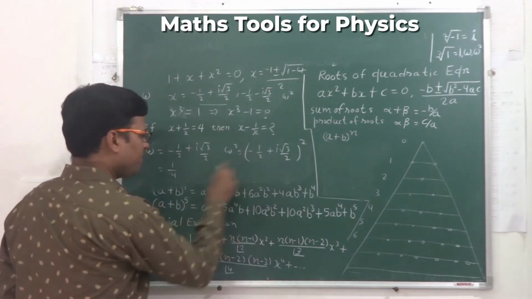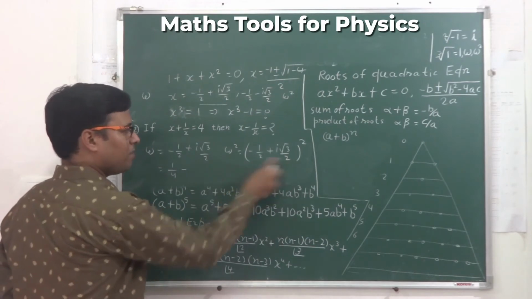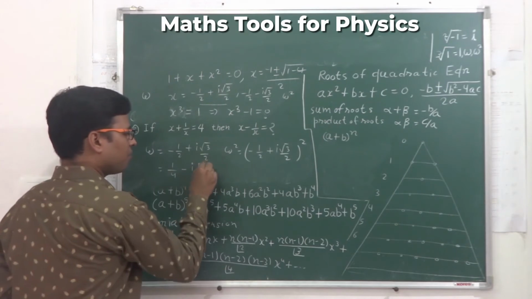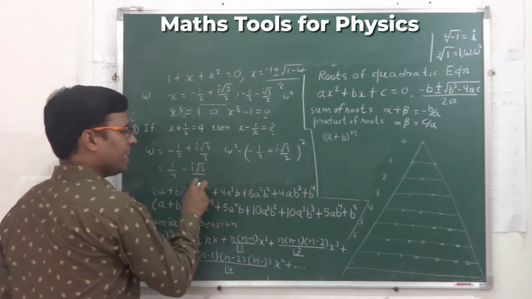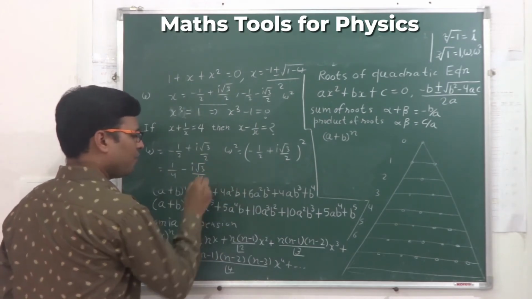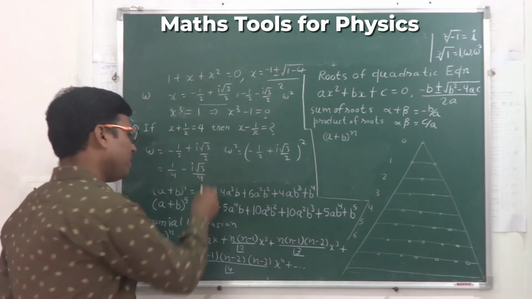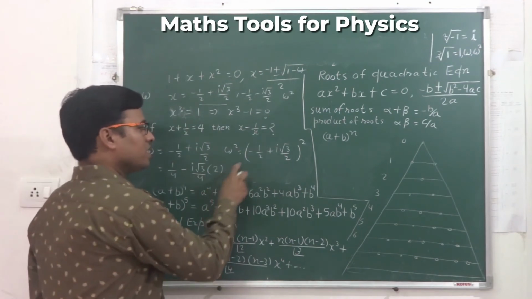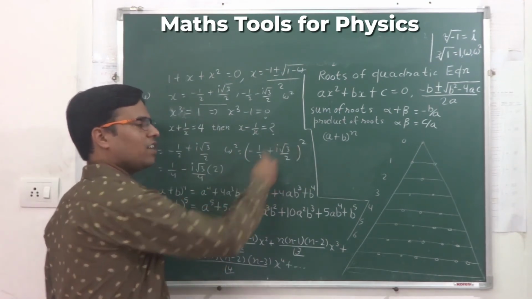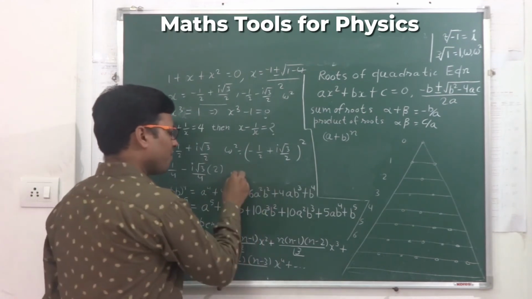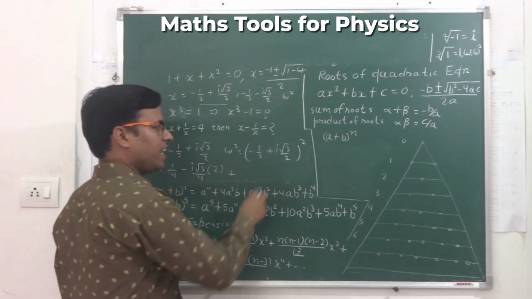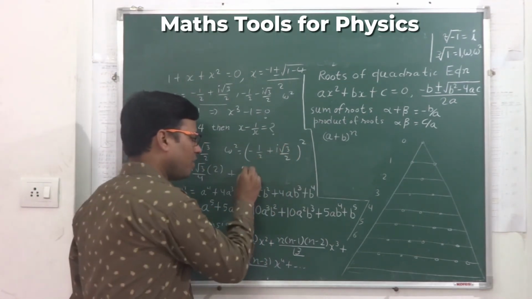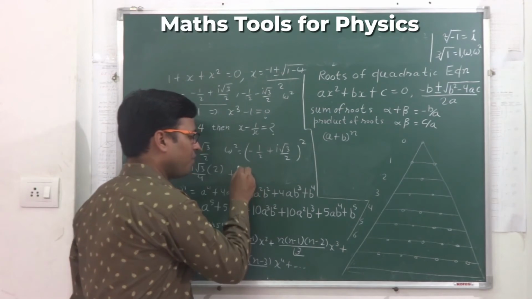The minus sign will go here with 2ab, so it is iota here, square root of 3 here, and in the denominator we will have 4. But 2ab, so 2 part is here. Now the third term, which is square of b, so plus sign, square of this term without iota would be equal to 3 divided by 4.